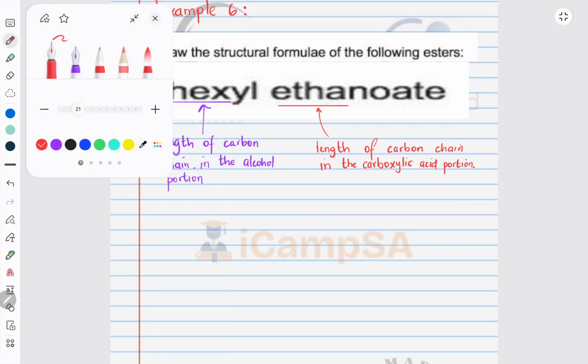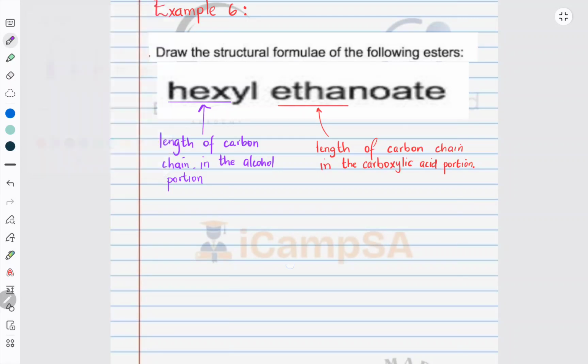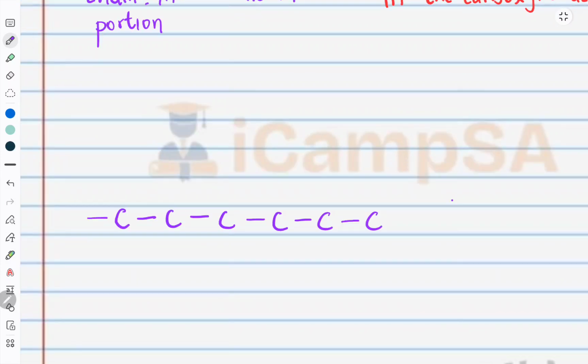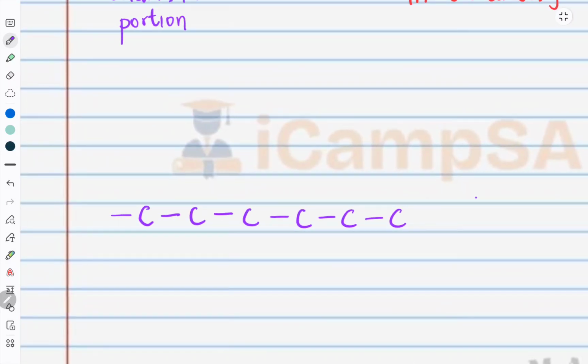Now let's start drawing these things. So the carbon chain of the alcohol portion has hex, which is 6 carbon atoms. So we can say 1, 2, 3, 4, 5, 6. Okay, that's 6. Then we put our O there.